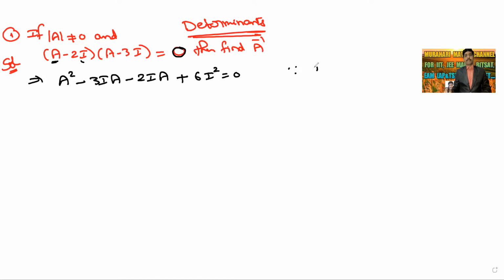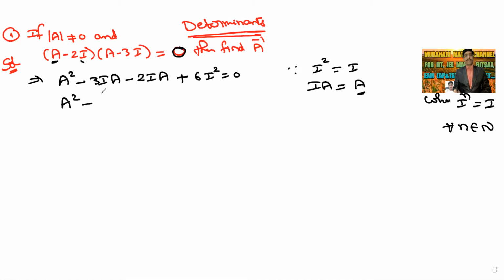So I square is equal to I, where I to the power n is equal to I for all n belonging to natural numbers. I into any matrix, I into A, is equal to A, where I is the unit matrix. So A square minus 3A minus 2A, that is minus 5A, plus 6I is equal to O.